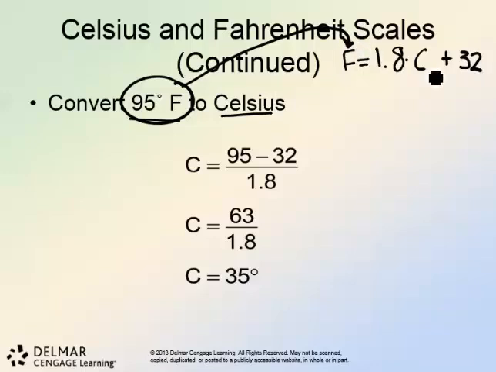So to solve that equation for Celsius, we're going to subtract 32 from both sides, and we'll get F minus 32 is equal to 1.8 times C, because when we subtract 32 on the right-hand side, that 32 becomes a 0. And then to isolate the C, since it's 1.8 times C, we want to divide by 1.8.